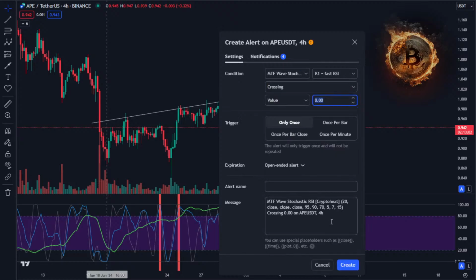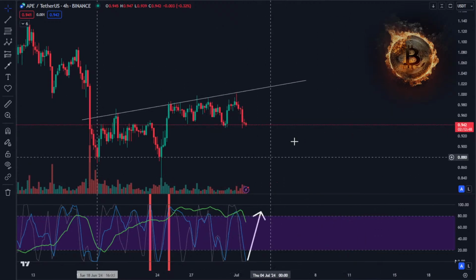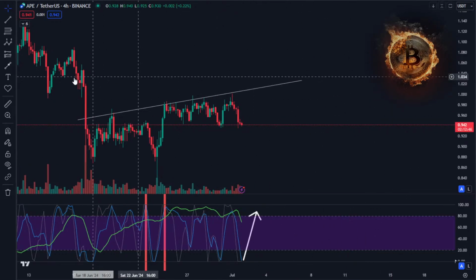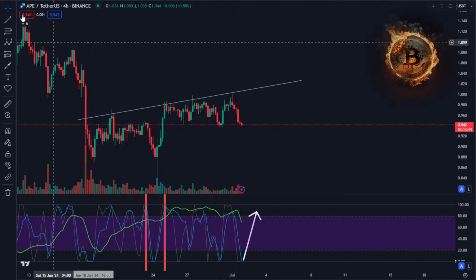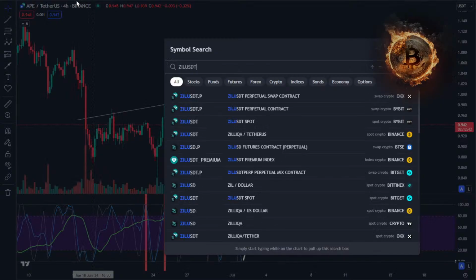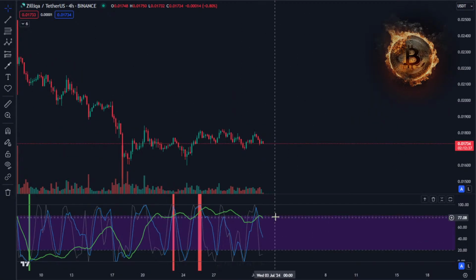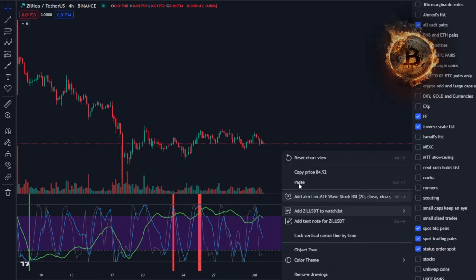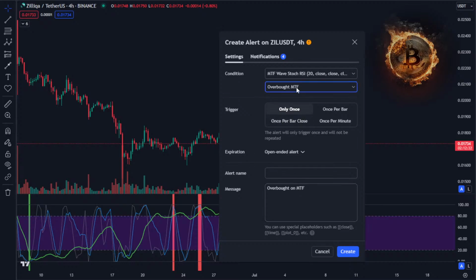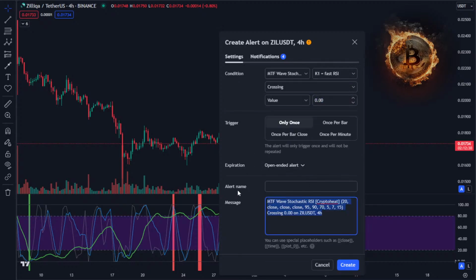So I'm gonna simply add an alert for crossing ape, possible short 4-hour 2-day tap up. Okay, and then we had also ZIL, Zilliqa, probably gonna be looking exactly the same, also adding this time frame, this alert I mean.